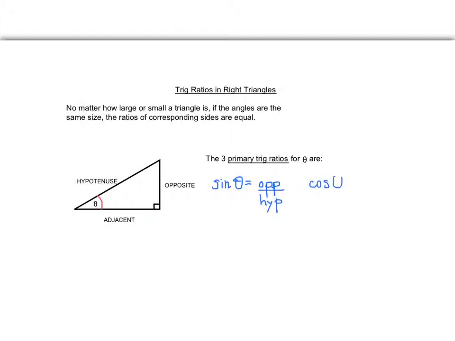Cosine theta is adjacent over hypotenuse. And tan theta is opposite over adjacent. And of course the memory tool we use to remember that is SOHCAHTOA.